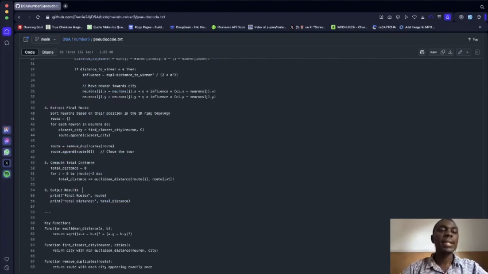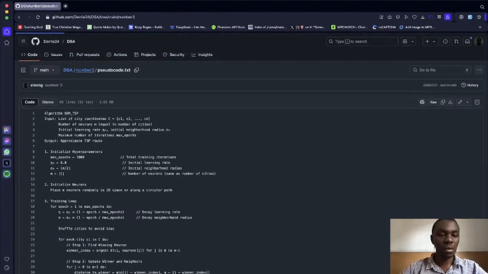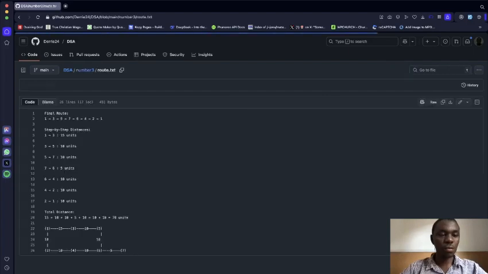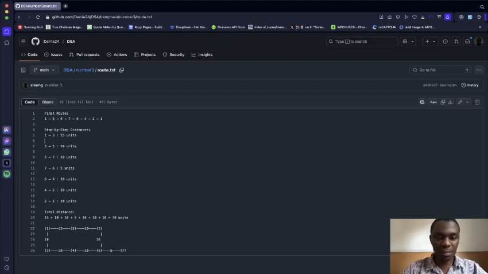Alright, then this is all the code. So the result for it, you go to route here, and the final result is this. These are the step-by-steps to getting the distance. So you go from 1 to 3, 3 to 5, and so on, then you get the total distance traveled by the traveling salesperson, and also the route that is going to be used.